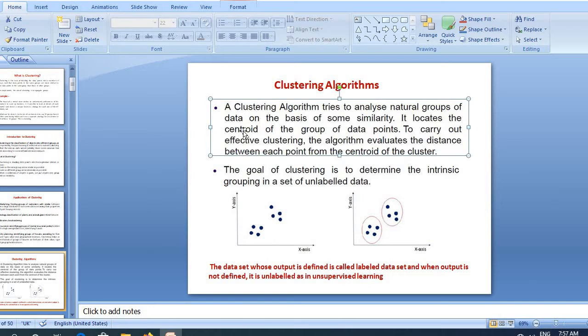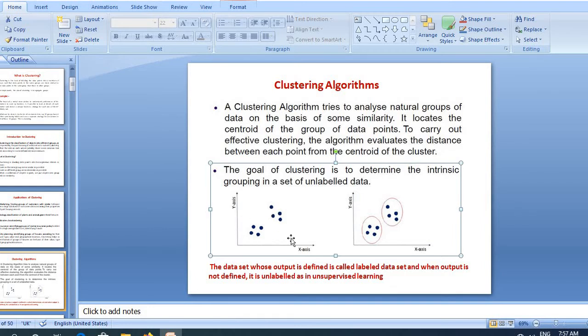The clustering algorithm tries to locate the centroid of each group. And then what it does? The distance of each data point from the centroid of the cluster will be measured. This is what actually a clustering algorithm does.